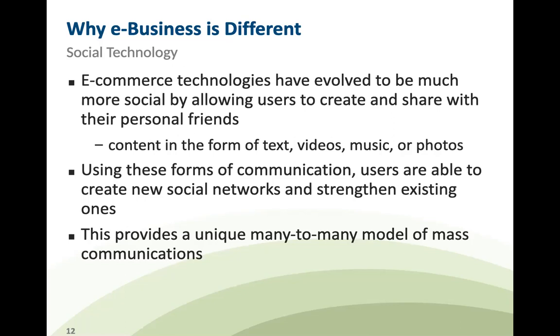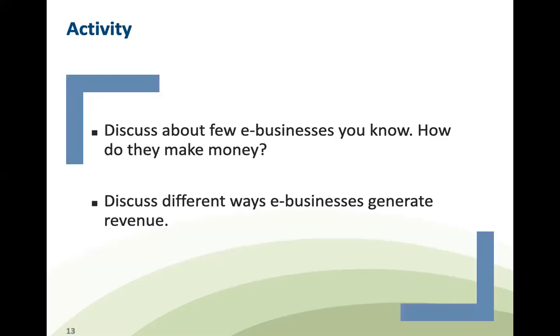So likewise, a community will be formed, so that even within that community people can communicate and build up good social networks, right? This provides a unique many-to-many model of mass communication. So mass communication is facilitated through e-businesses, right? It's a many-to-many model of mass communication, because many people can communicate with many other people, right?